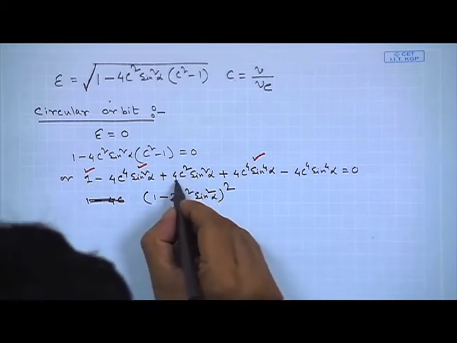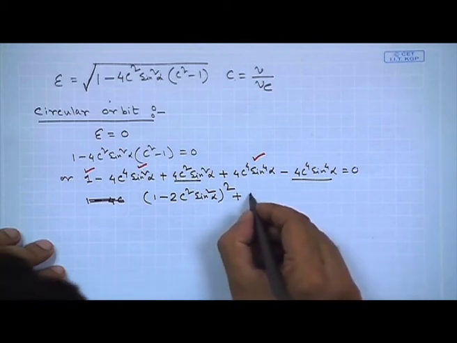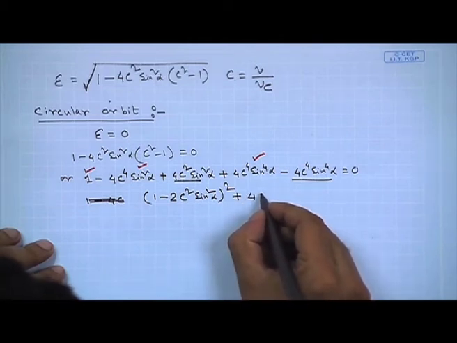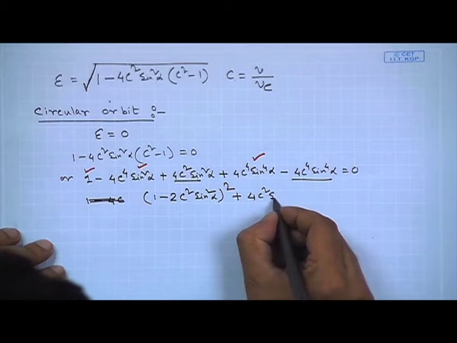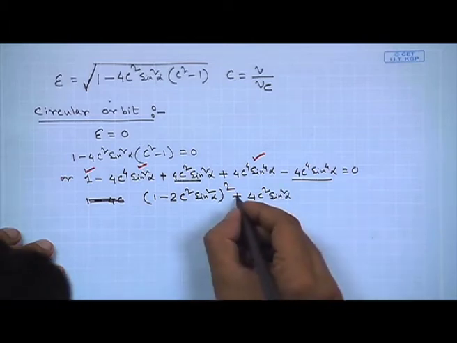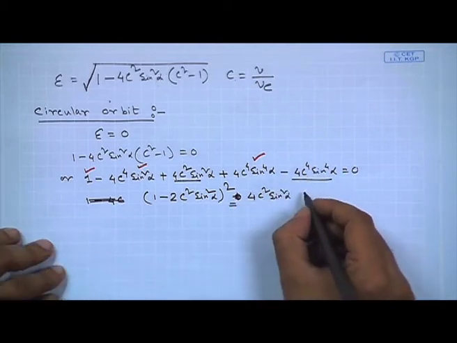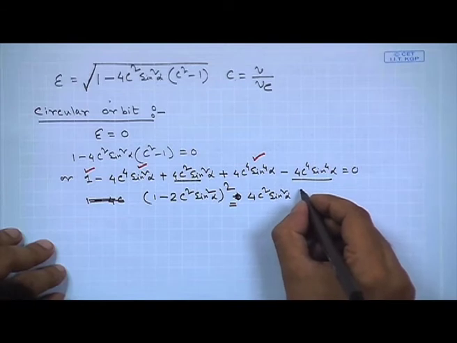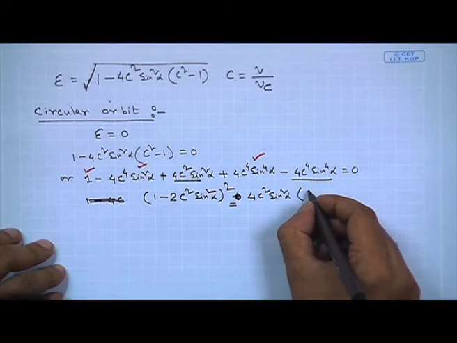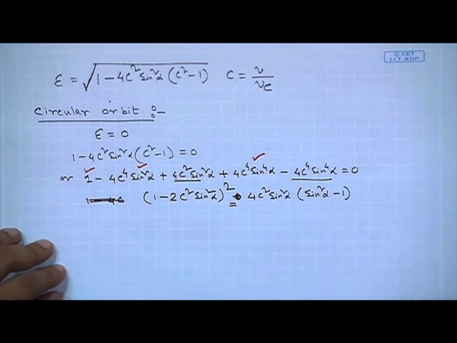And the other two terms in the expression, if we pair them up and take 4 c square sin square alpha common, or actually we can take them to the other side, we get sin square alpha minus 1, right.